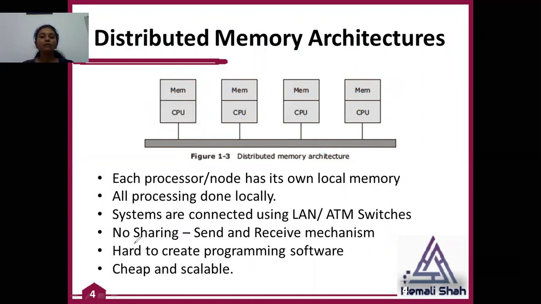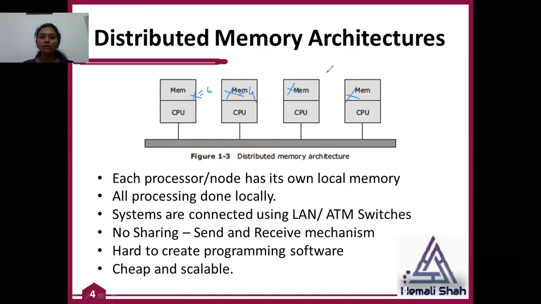Now think about the program. It is very difficult to create software if you build your architecture as a distributed memory architecture, because lots of copies of X are available on multiple computers. Now this CPU 1 has updated the value of X, but all the others have the older value.